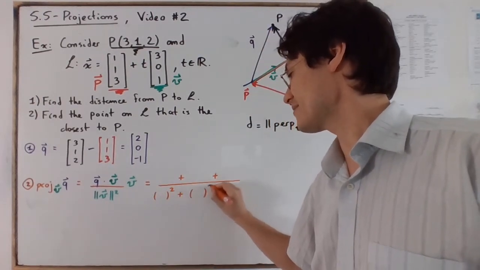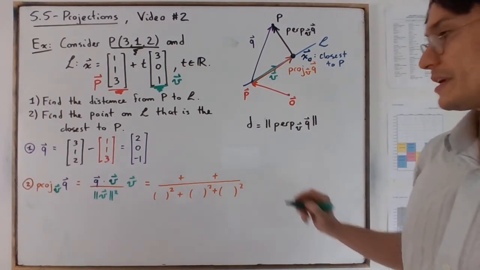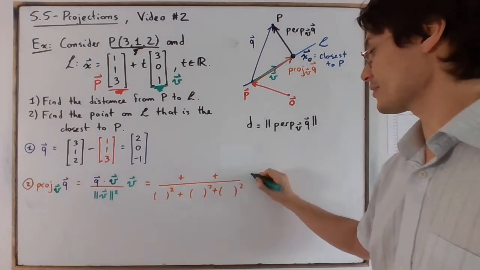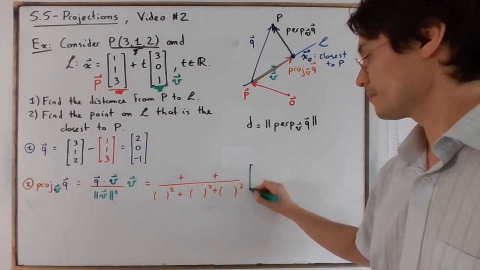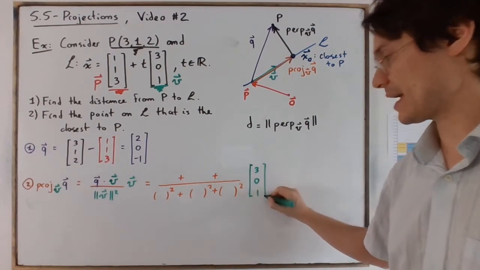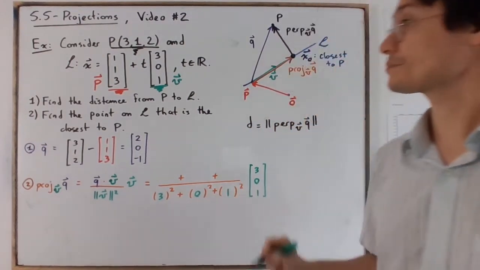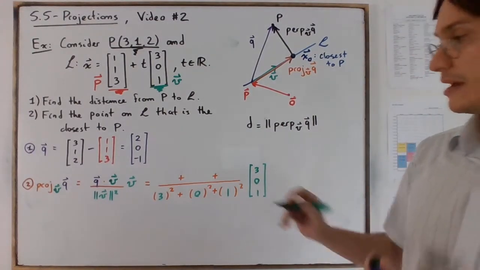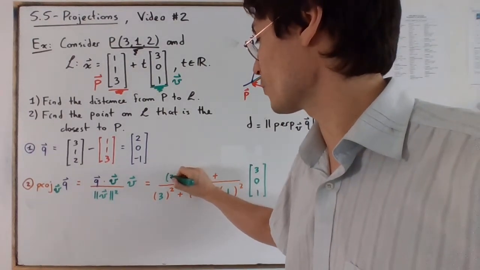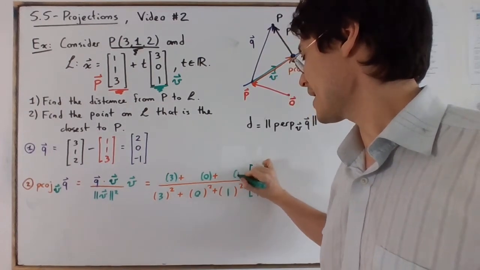So here, vector V is (3, 0, 1). Okay, so these are the components that go here, and these are the components that go here as well. We have 3, then a 0, and a 1.